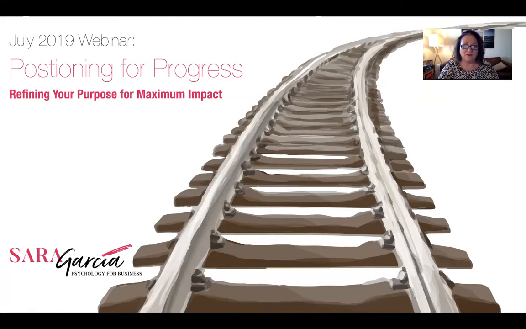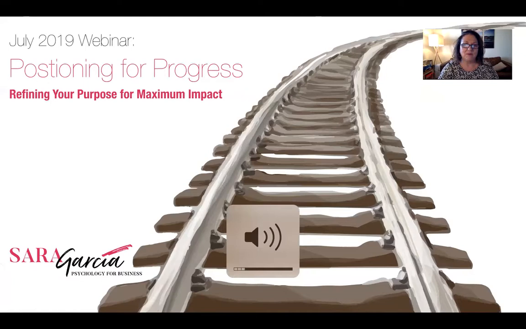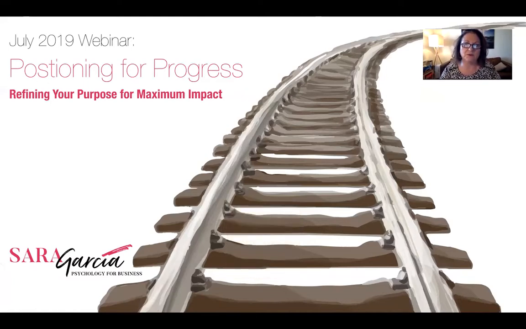So if you're here to learn a bit more about positioning your progress, particularly as a department, but also maybe as a company, this is mainly about departments, but there's a lot to learn about companies too, then you're in the right place, because that's what we're going to be doing today. Do type questions into the chat box.